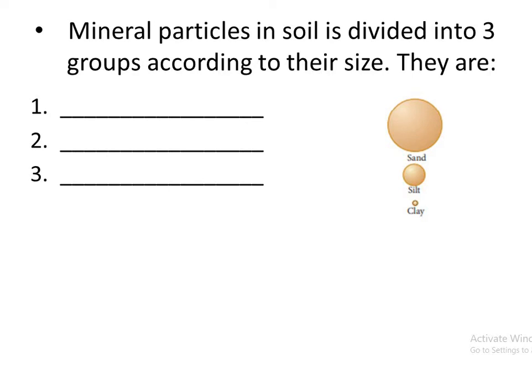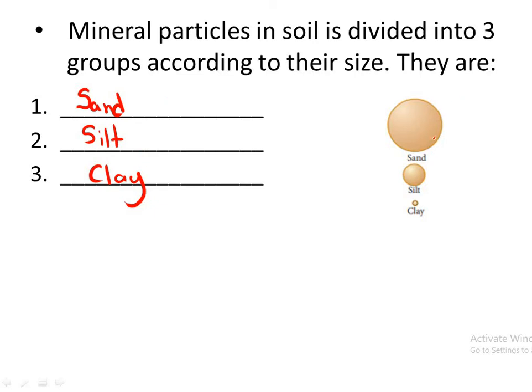Now, mineral particles in soil are divided into three groups based on their sizes. The largest one is sand. Then we get silt. Then the third one is clay. As you can see here in the figure, we have divided these mineral particles into these three categories based on their size.